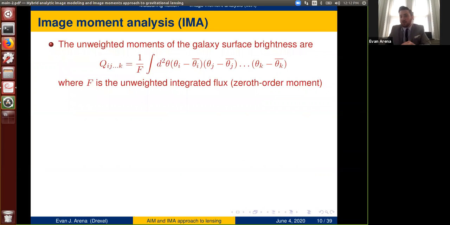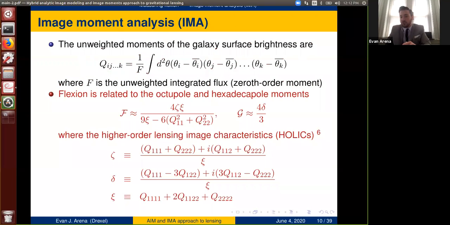This integral allows us to calculate the unweighted moments of the surface brightness in an image of a galaxy. And it turns out that flexion is related to the octopole and hexadecapole moments, that is the third and fourth order moments. This zeta, delta, and psi term are known as HOLICs, the higher order lensing image characteristics, which were first written down by Okura.